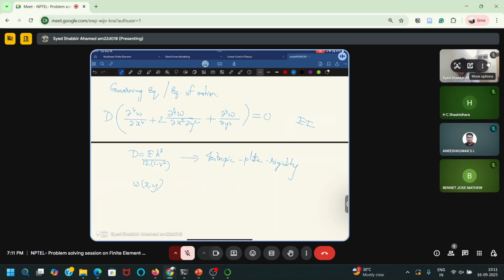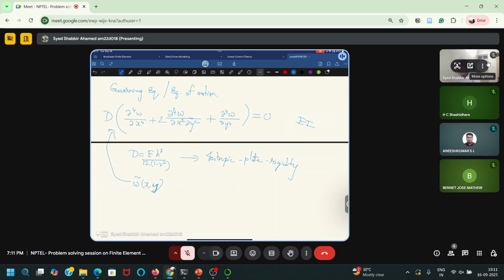If I substitute that solution in this, it will not be equal to zero because my W is not exact. So it will have some error, which we call the residual. That residual we have to minimize.